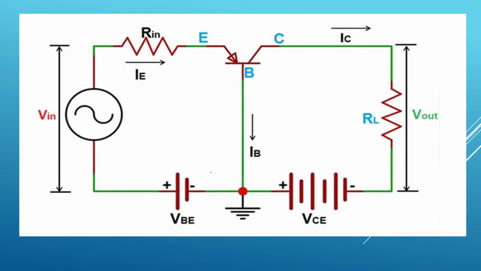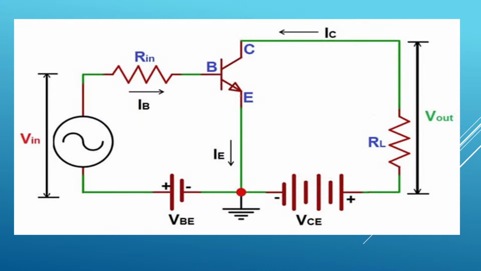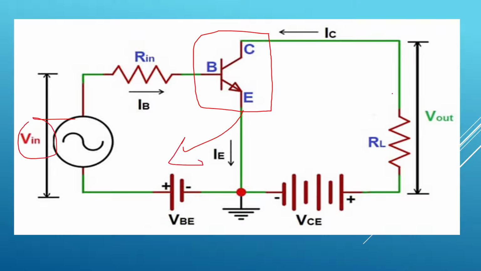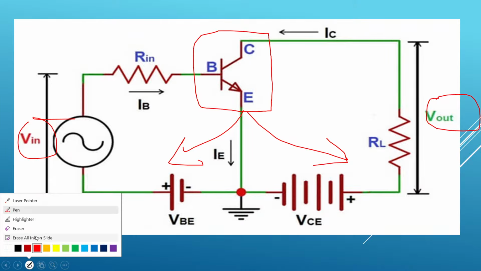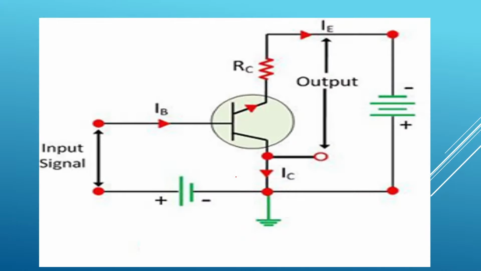If it is common emitter configuration, this is the BJT. Here the emitter is common to both. This is our input V in and this is our output V out. The emitter is common to both input and output terminals, so this circuit is called a common emitter configuration BJT circuit. Next, common collector.